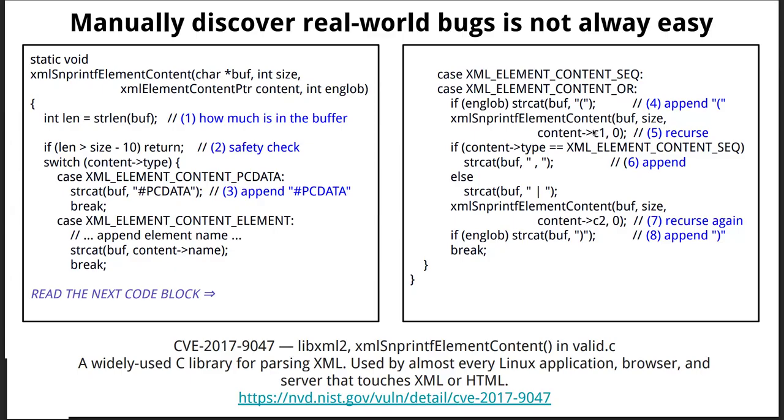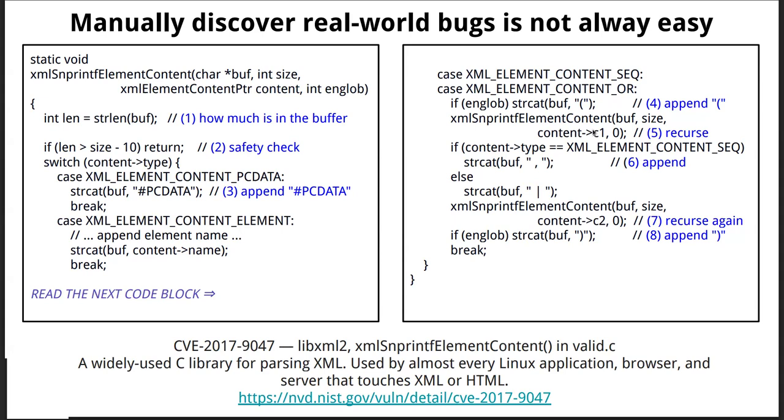There is a CVE assigned to it. CVE, you can consider as a database of real-world bugs. So there is a year assigned to it and a bug ID for it. This bug was in a widely used C library for parsing XML. And this is used by many Linux applications and browsers.